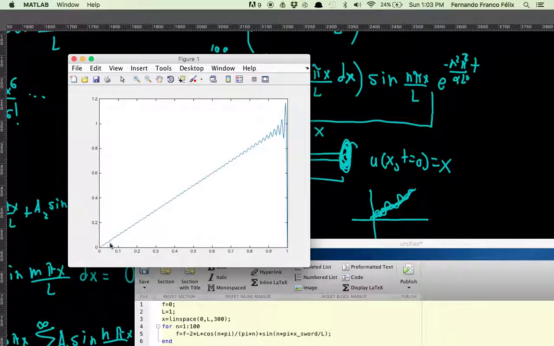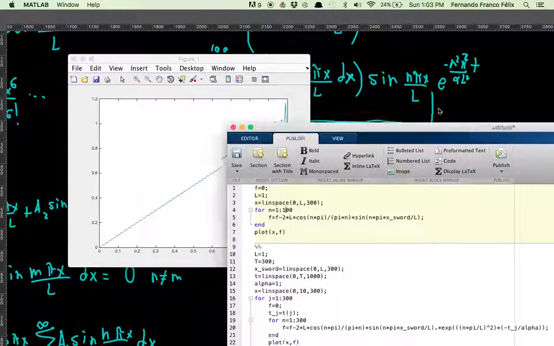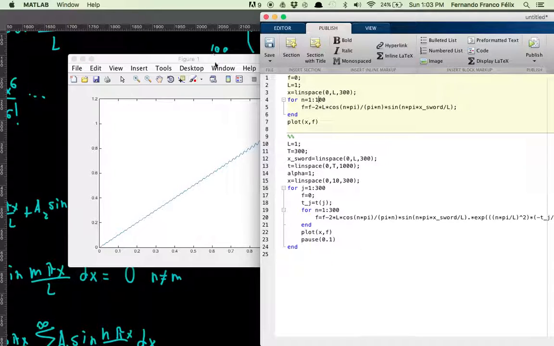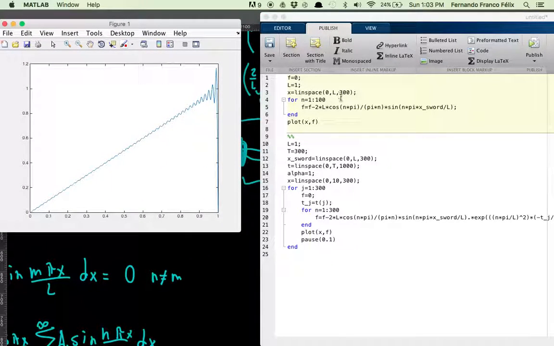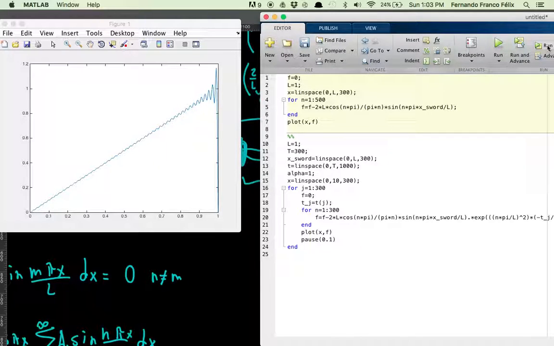Remember that I told you that it would look kind of squiggly, and as we take fewer and fewer terms, it will look less and less like just x. Here now you can see that we have a fall, right? Alright, maybe this one, I put 500 terms instead of 50. I wanted to take just 50.